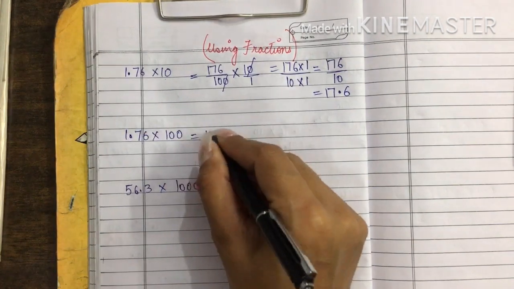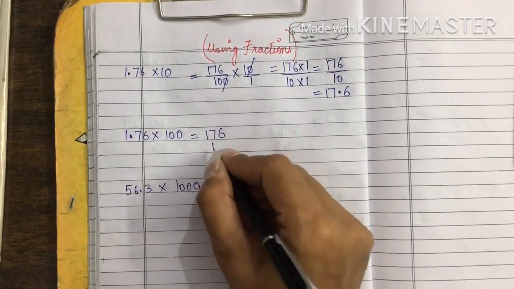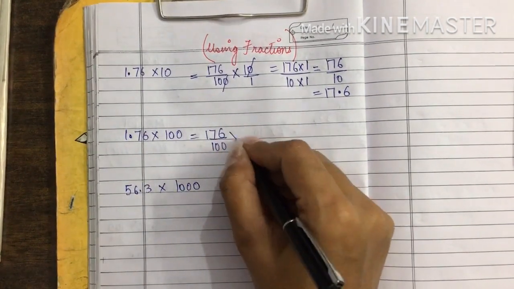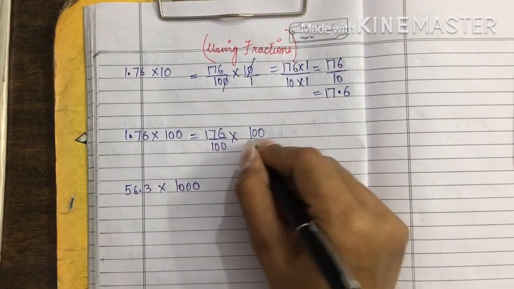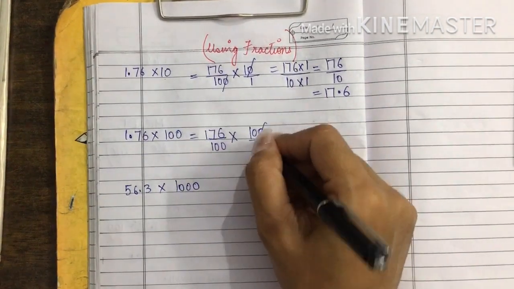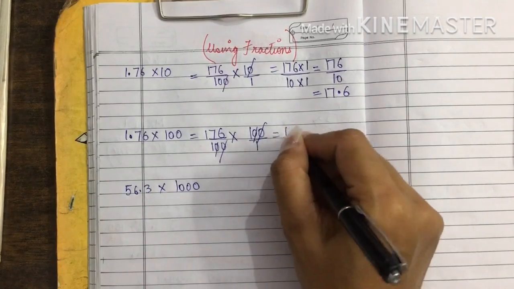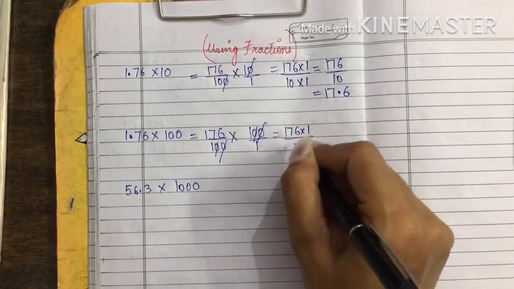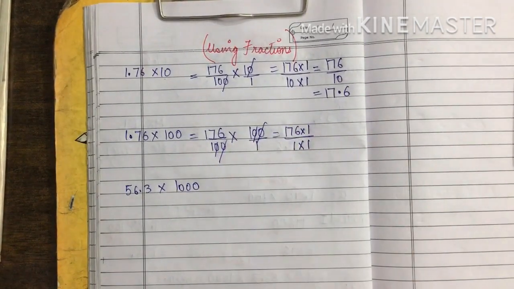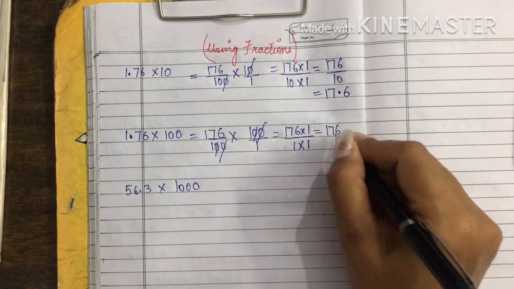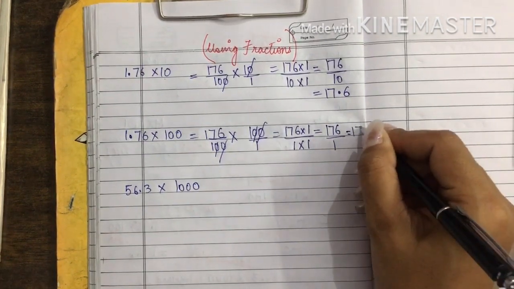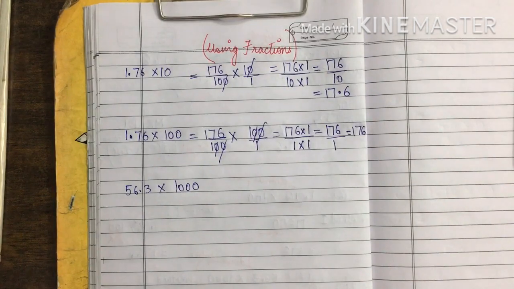Let's multiply these. This can be written as 176 over 100. 100 can be written as 100 over 1. Both zeros get cancelled. So 176 into 1 in the numerator, 1 into 1 in the denominator. This will be 176 over 1, which is 176.